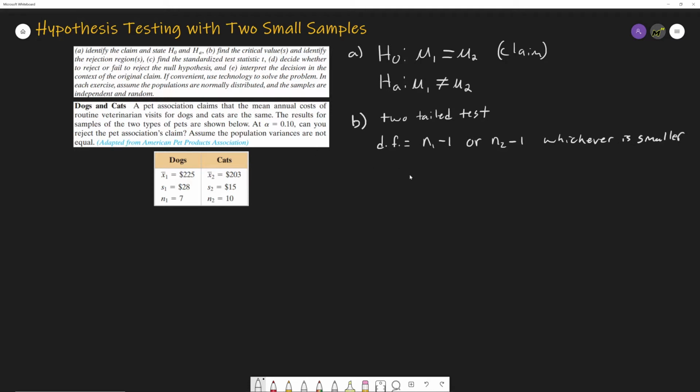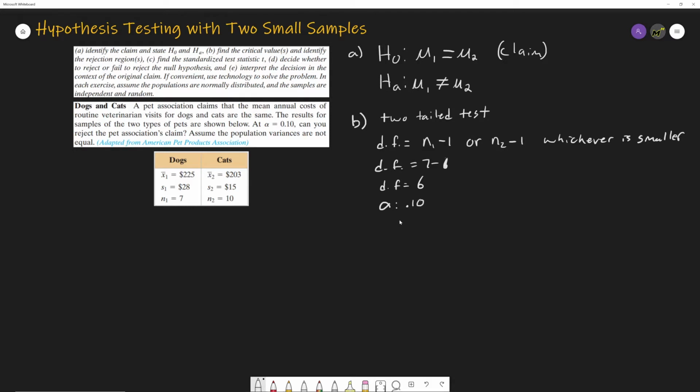It looks like the smaller one would be dogs. So the degrees of freedom, 7 minus 1, would be 6. Alright, we have 6. And the other piece of information, we already have it given to us. The level of significance will be at 10%.